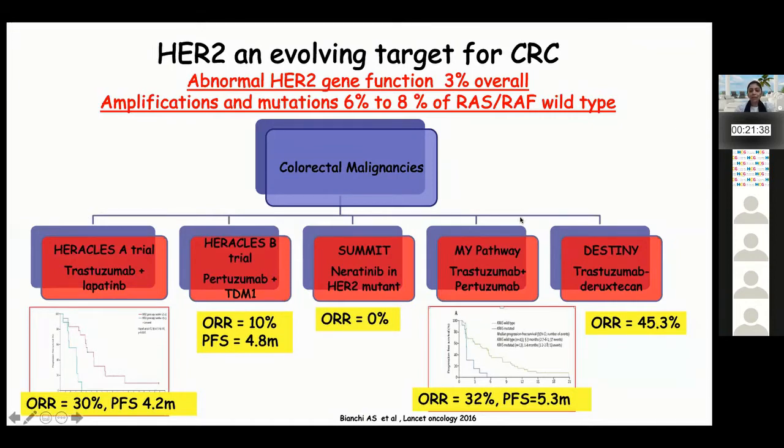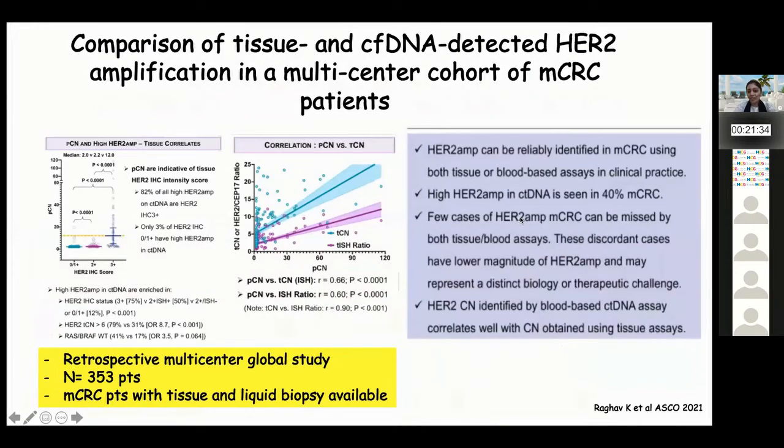Now, can liquid biopsies help us determine this HER2 status? The simple answer is yes. This was a very interesting poster that was presented at ASCO this year that looked at the correlation between HER2 amplification in tissue as well as liquid biopsies, about 353 patients from a retrospective multicenter global study.